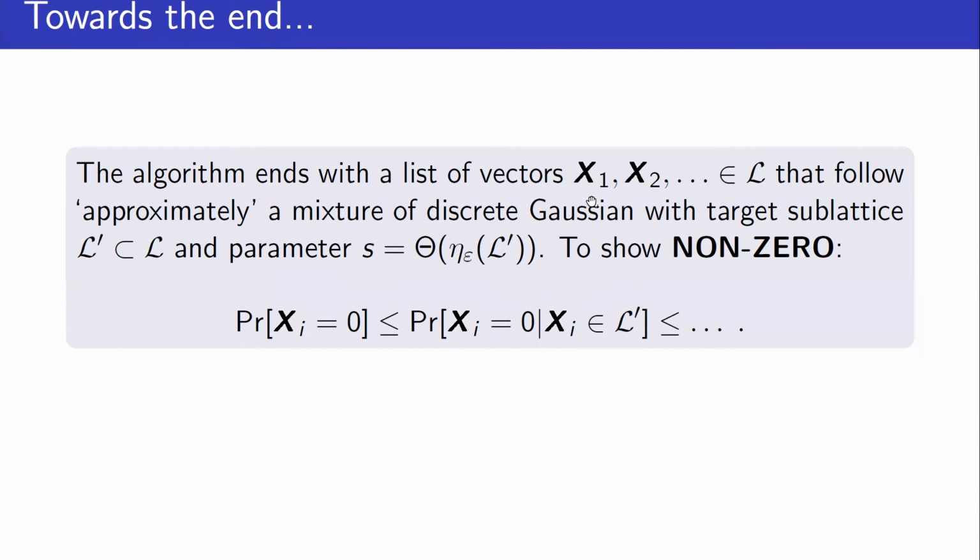And to show that most of the vectors we get are non-zero, we use the fact that they come from a mixture of discrete Gaussians. So we get an upper bound on the probability of it being 0 from the discrete Gaussian.